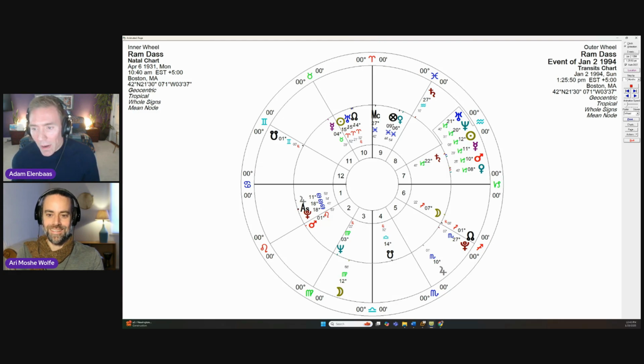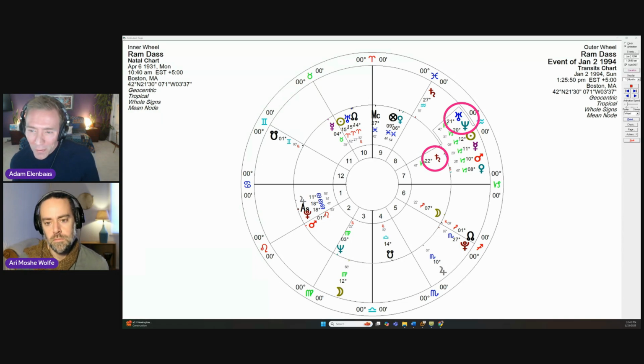So in January of 1994, look at this. This is so cool. Neptune and Uranus are going over this natal Saturn. Can you see that right there? And he opened up about being bisexual in Gay Soul magazine. And the other thing that's really fascinating is that in this month, Venus actually conjoins his natal Saturn as well.